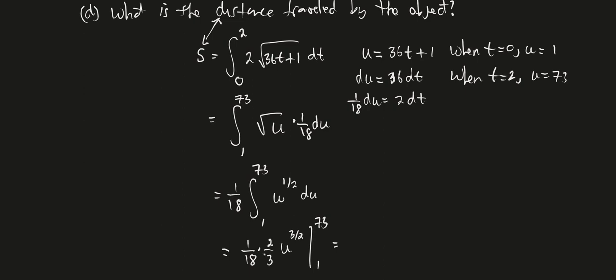So 1 over 18 times 2 over 3 is 1 over 27. So I'll put that there. And then at the upper limit, we'll have 73 to the 3/2 minus 1 to the 3/2.